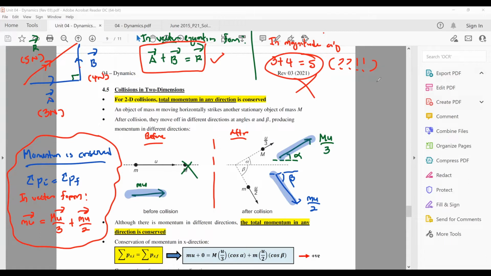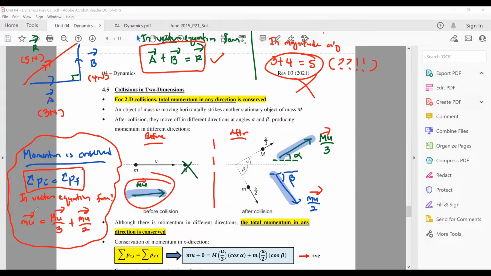Okay, so it's something similar here when I talk about the conservation of momentum for 2D collision. I know that the sum of initial momentum must be equal to the final momentum. So right now, if I talk about vector equation form alone, the momentum before collision is just going to be mu, denoted by the arrow here.